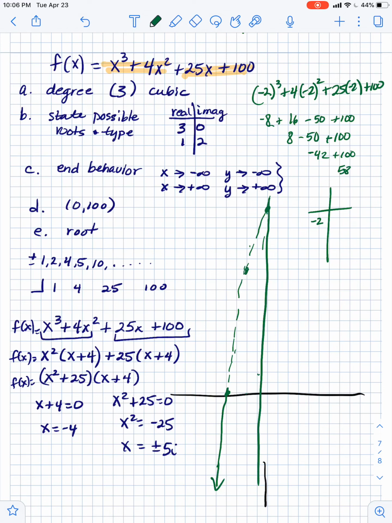Now, there's probably some kind of a little curve in there, but we're not really going to know where it's at unless we put more points in there. So again, I would probably go ahead and choose a negative 1. I would also probably choose maybe 1 just to get a curve in there to see what it's doing.